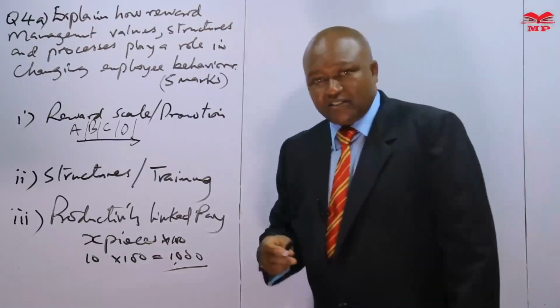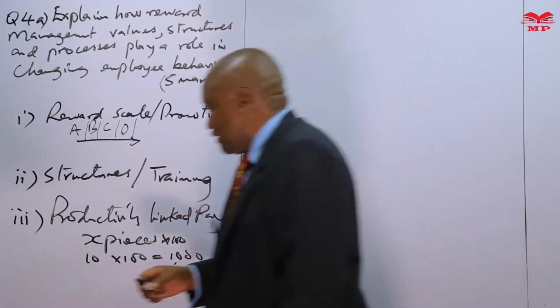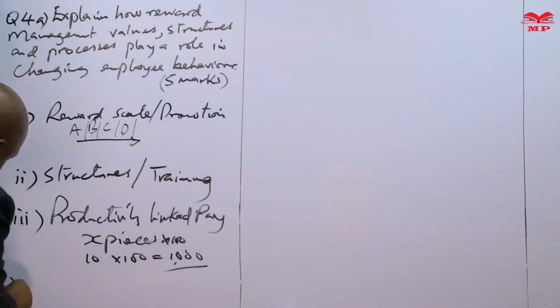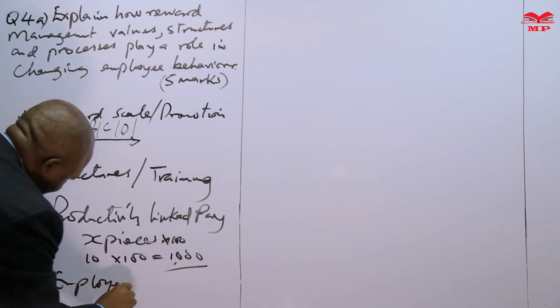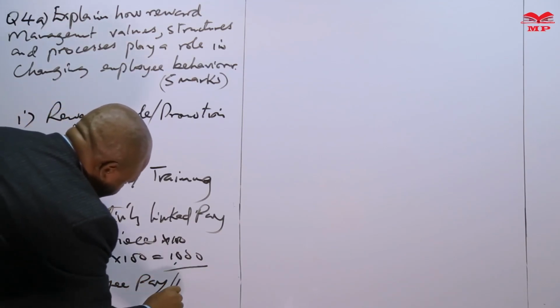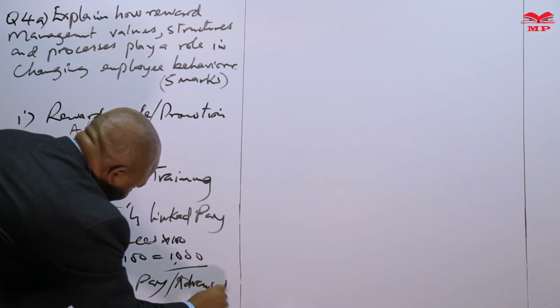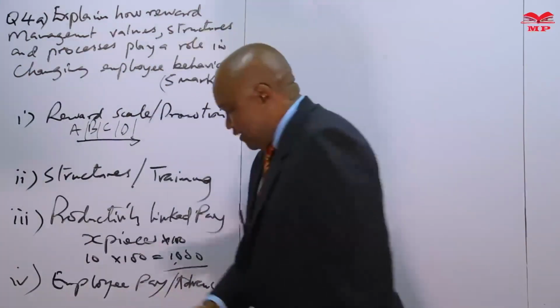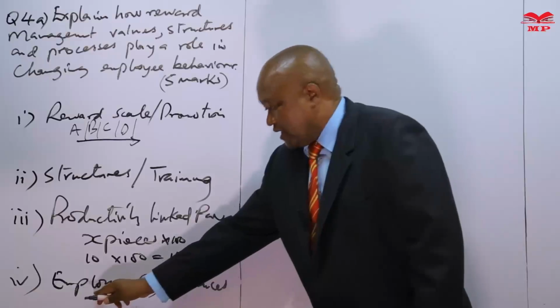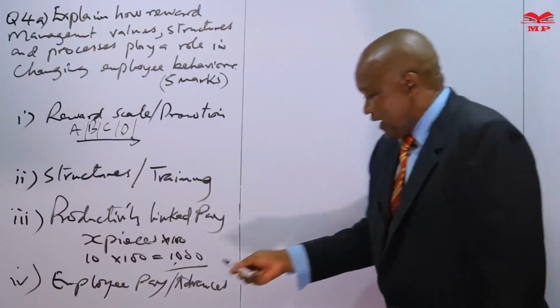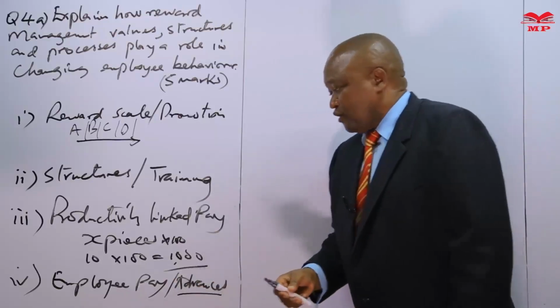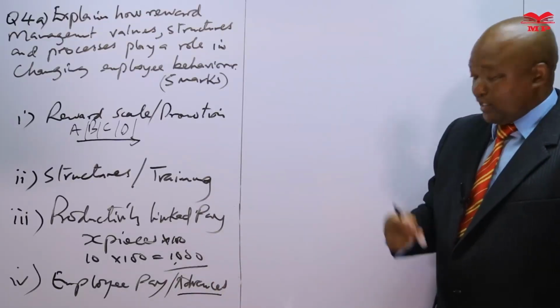You may also have reward management structures that are linked to processes, such as employee pay and advances. An organization pays employees at the end of the month, and the processes for payment provide opportunities for advances, where workers can apply for advance pay in the middle of the month.